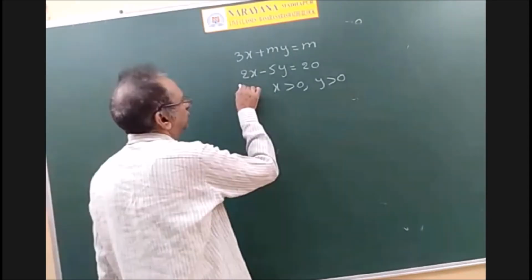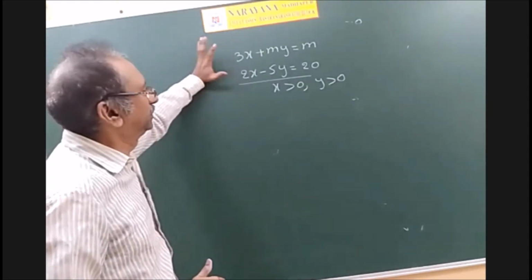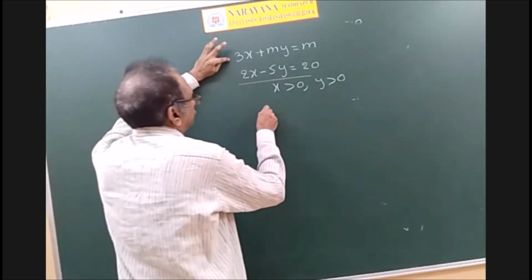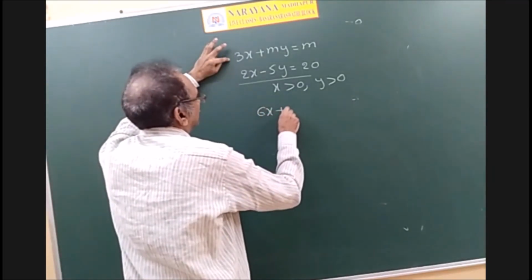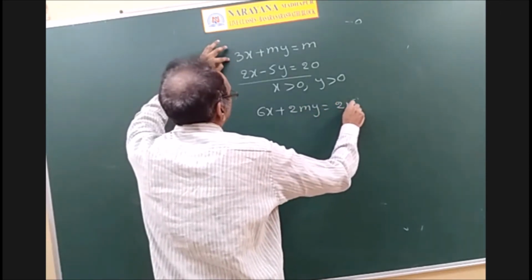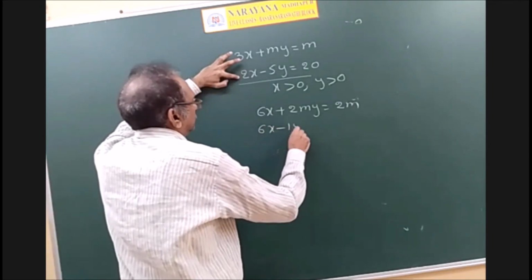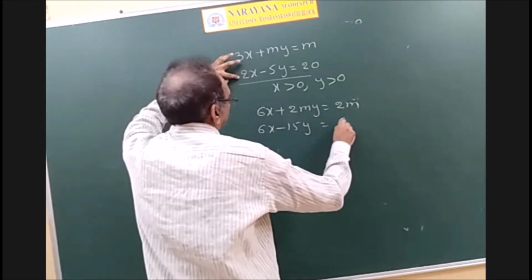Okay, and we'll do one thing. First, we eliminate one variable. X can be easily eliminated. Multiply this with 2, 6x plus 2my is equal to 2m. This with 3, 6x minus 15y is equal to 60.